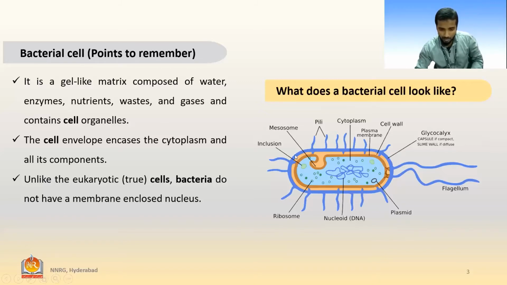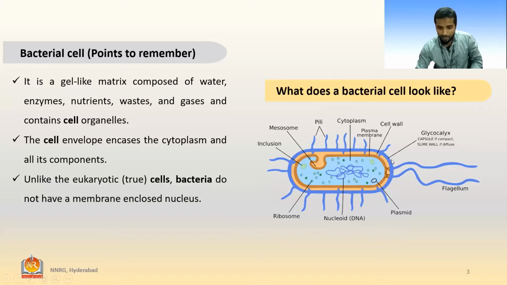So this is the cell wall. The blue colored one is the cell capsule made of glycocalyx. Okay, every bacterial cell has a rigid structure that protects the bacteria from lysis, and that is called glycocalyx or capsule.